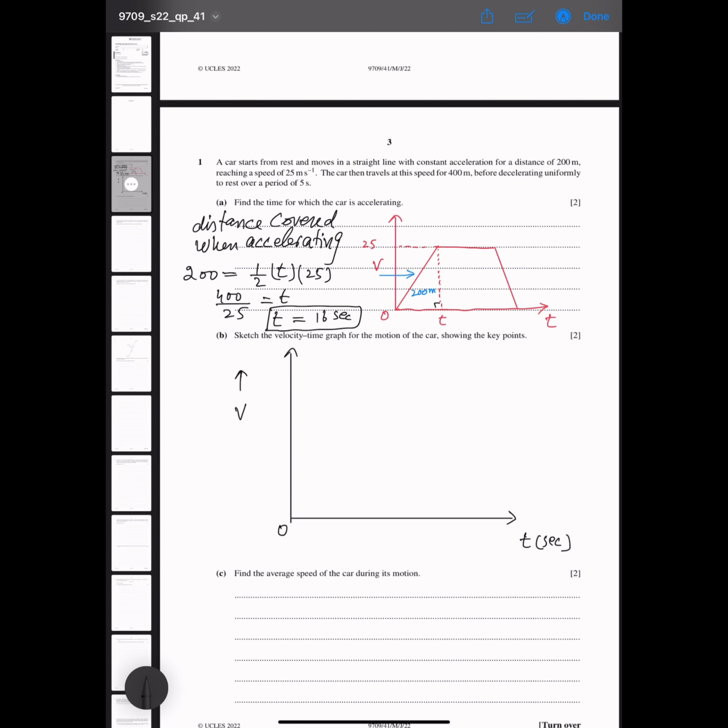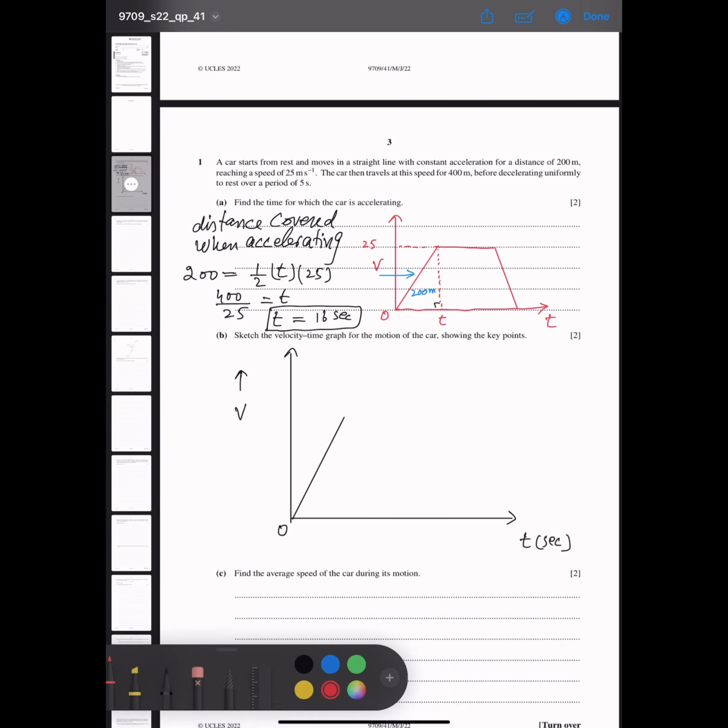तो फर्स्ट दिस एक्सेलरेट for 25 meter per second, 0 to 25 meter per second. The car accelerates. This reading is 25.